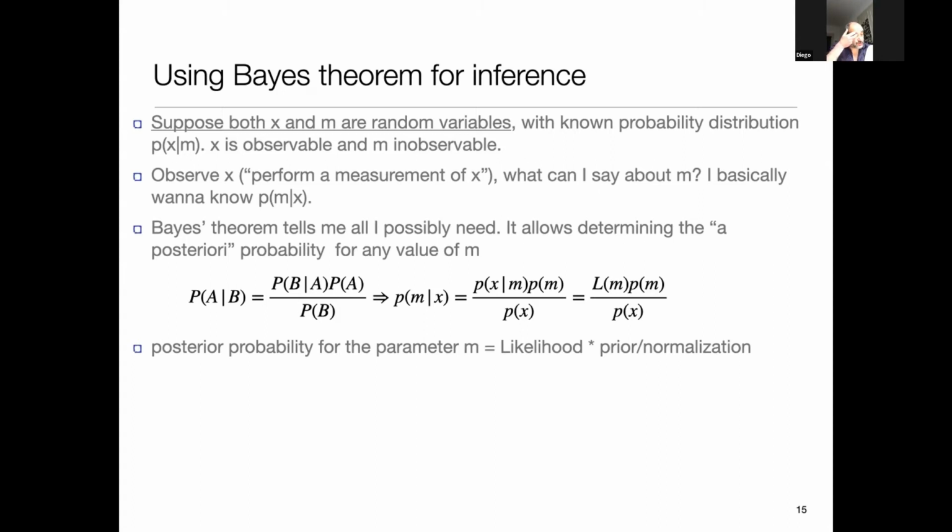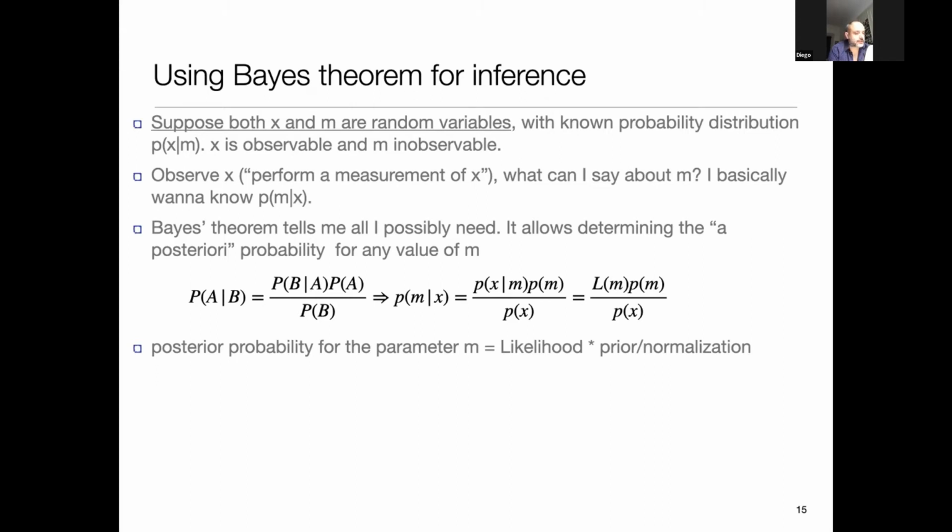Because you observe X, so you perform a measurement of X, and you want to say something about M, and so you rewrite the Bayes theorem, what before we wrote in terms of A and B, here can be written in terms of X and M, and you get the posterior probability for the parameter M. So P of M given X, at the center of the formula, is basically your model P of X given M multiplied by the prior P of M and normalized.